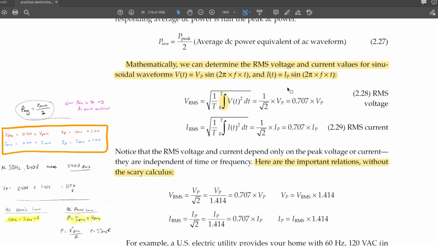All of this jargon means that the voltage RMS value is equal to 0.707 times the peak voltage. And that's it.